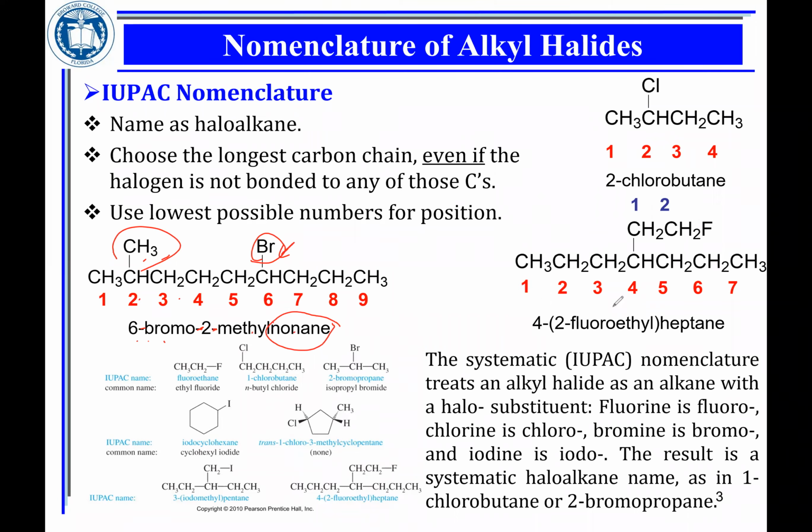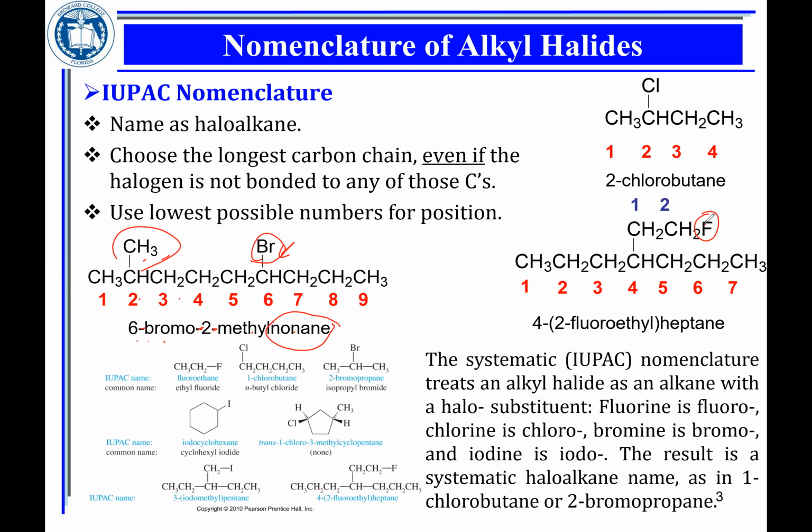The longer carbon chain takes priority, okay? Even if you have a halide, the longer carbon chain takes the priority. This is different from alcohols, or from an alkene, because in this case, it's just the halogen versus the long carbon chain.